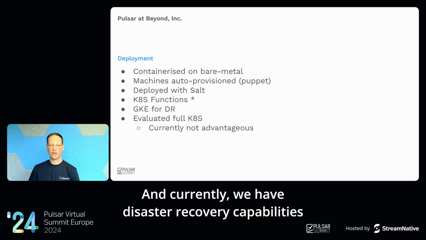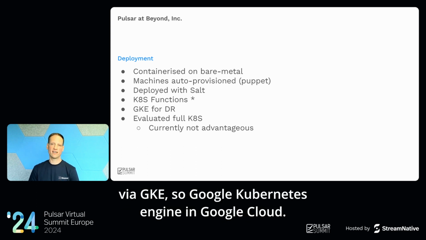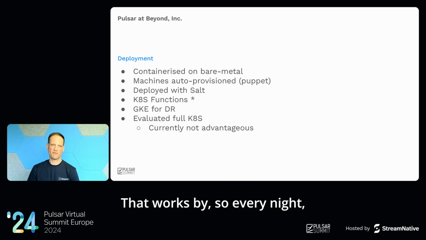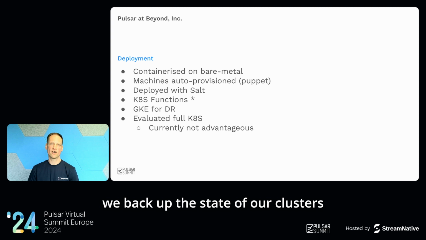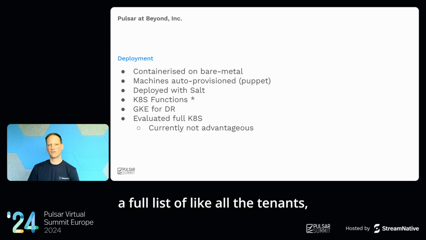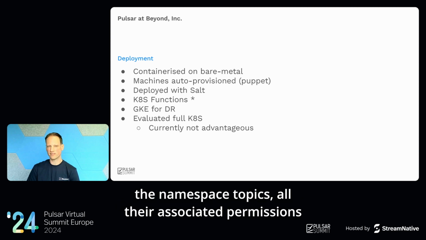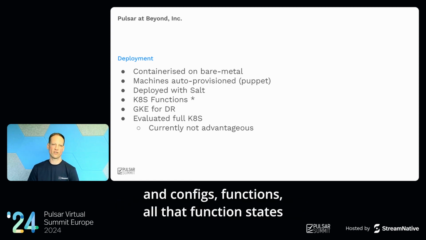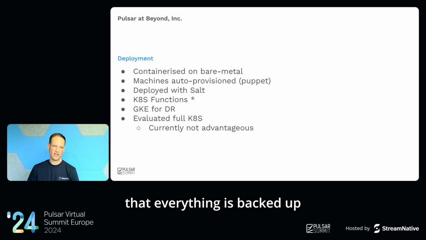Currently, we have disaster recovery capabilities via GKE, so Google Kubernetes Engine in Google Cloud. That works by, every night, we back up the state of our clusters, and by the state I mean essentially a full list of all the tenants, the namespaces, topics, all their associated permissions and configs, functions, all the function states.